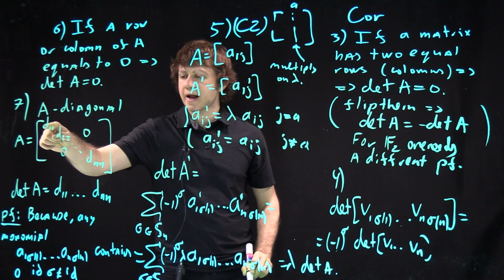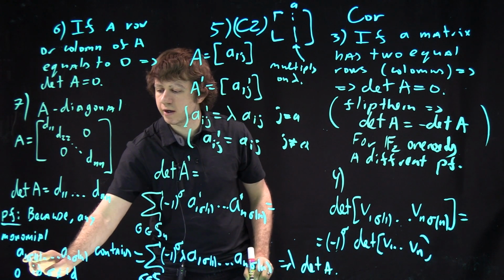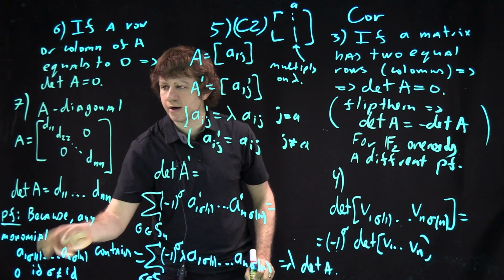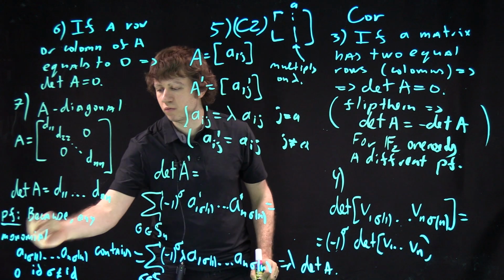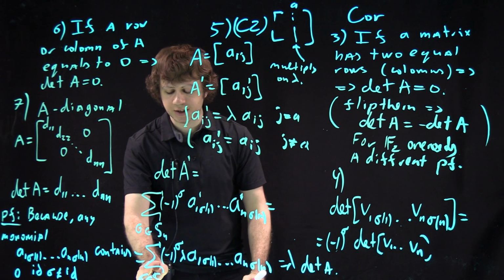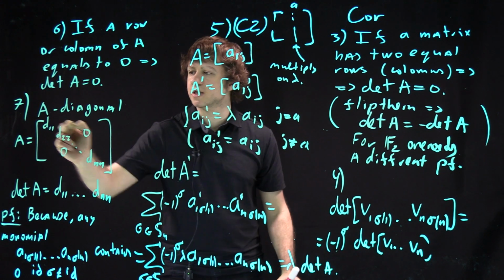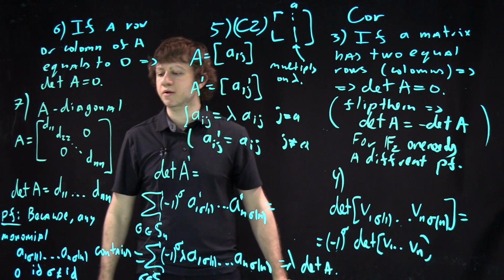If you take any monomial where sigma is not the identity, there will be a term where i and sigma of i are different, so you will get 0, and so the monomial is 0. So out of the whole sum in the determinant, you just get the term for sigma being the identity. Here you have 1, and here you have the product of elements on the main diagonal.